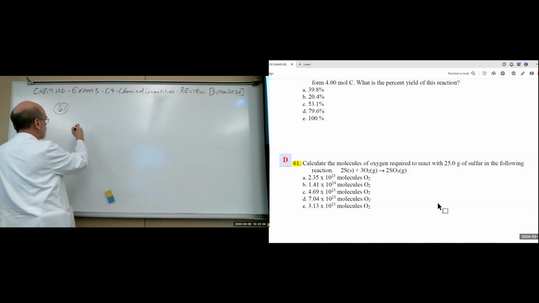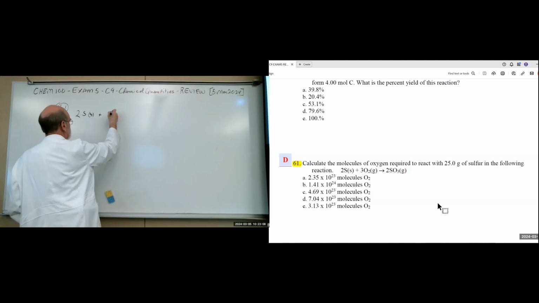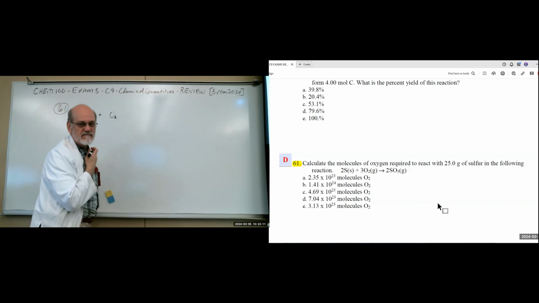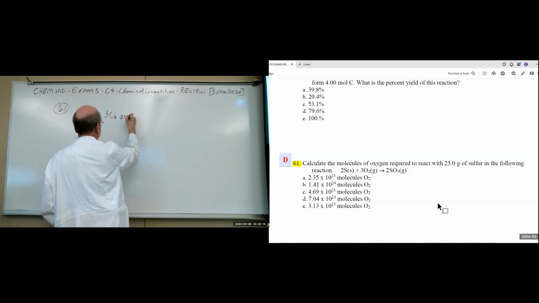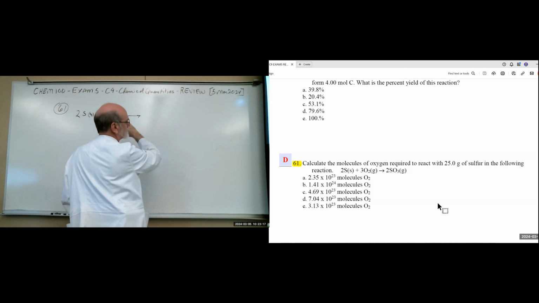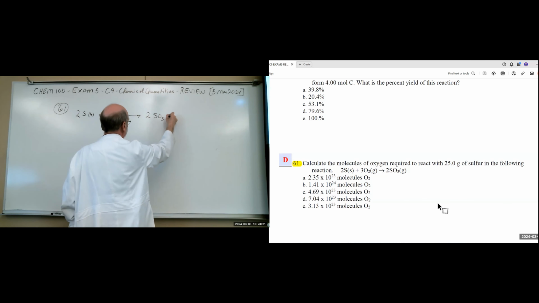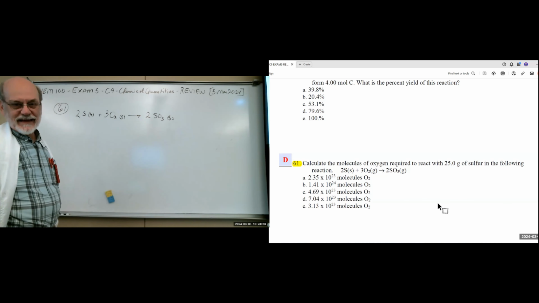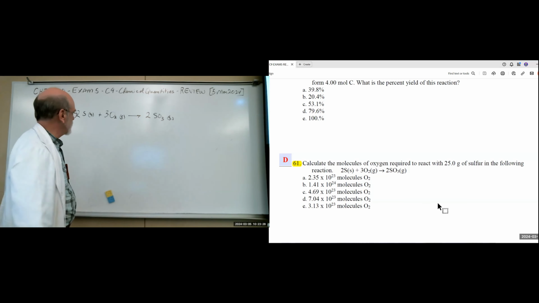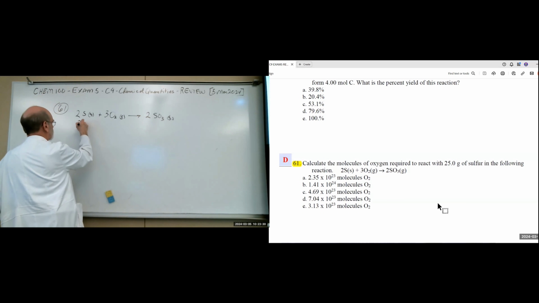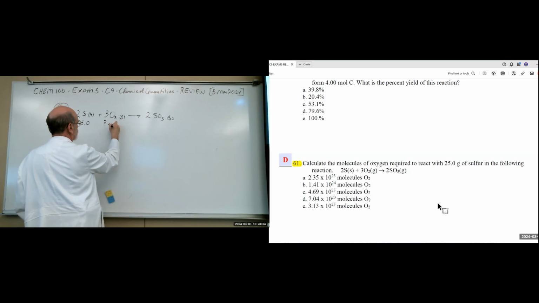So we're given 2 sulfurs, solid, plus 3 oxygens, yields 2 sulfur trioxide. Okay. Now, 25 grams of sulfur, and we want to know the molecules of oxygen.